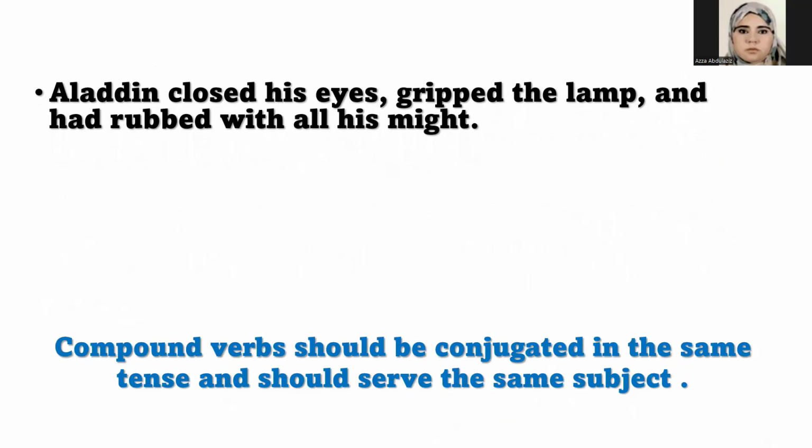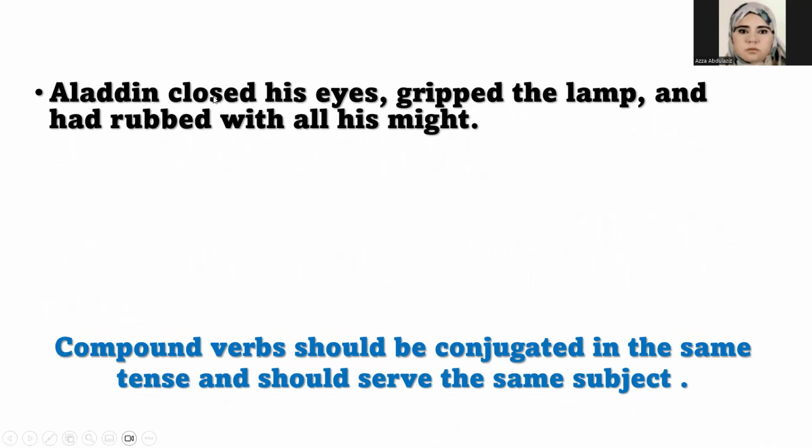Aladdin closed his eyes, gripped the lamp, and had rubbed with all his might. What are the parts or the items in the list here? It's closed his eyes, gripped the lamp, and had rubbed with all his might. The problem here is that we have some compound verbs, okay? The verbs should be kept in the same tense. So this sentence is unfortunately a non-parallel one.